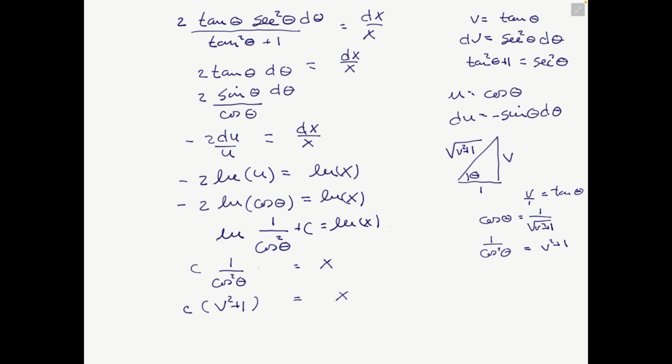We got v squared plus 1 equals cx, and v is y on x. So now we go back to our initial variables.